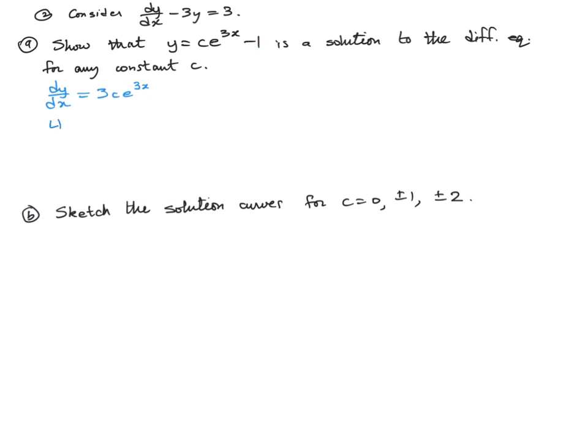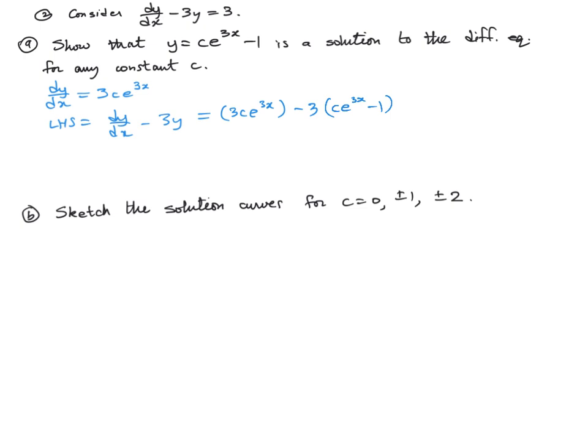So the left-hand side of the differential equation, which is dy/dx minus 3y, is going to be 3c e to the 3x minus 3y. So minus 3 times, well, this is my y, c e to the 3x minus 1.